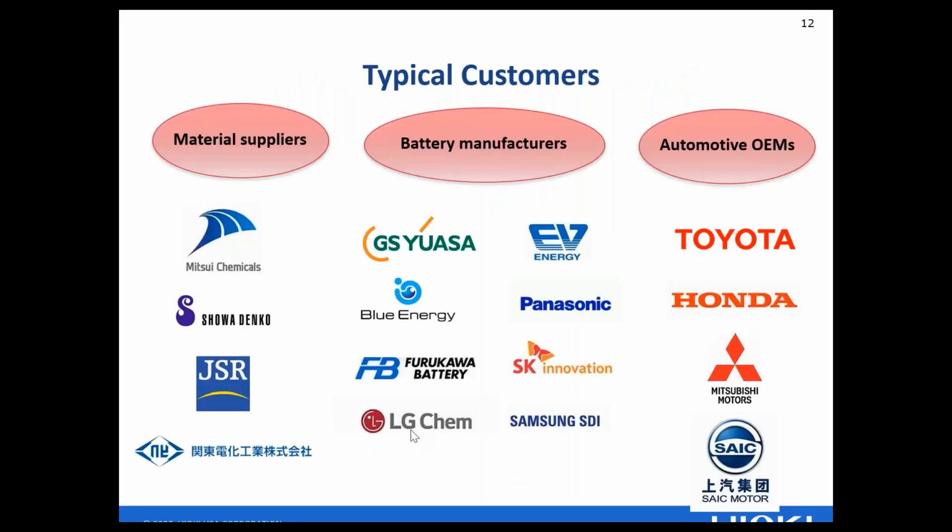Who's interested in that type of testing? I see mostly three types of applications and manufacturers. They are the material suppliers, material manufacturers themselves. If you are one of them, please, we would love to talk to you. I think we have a real story to tell you. Battery manufacturers, obviously.